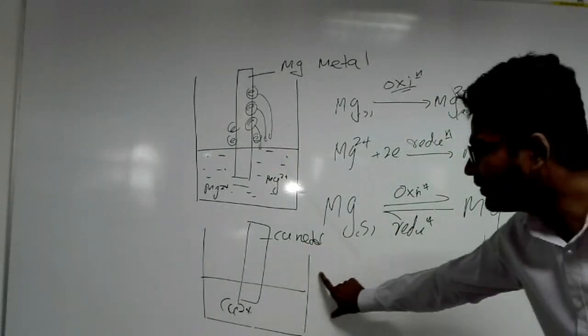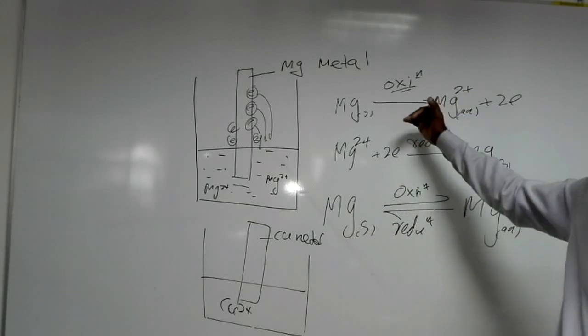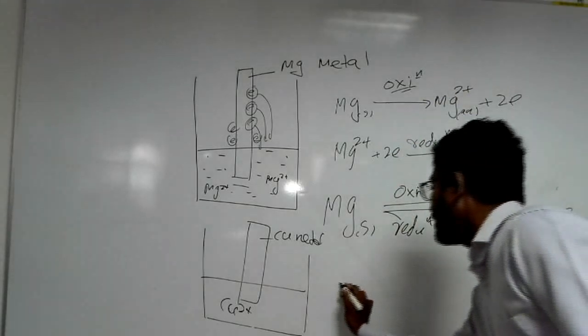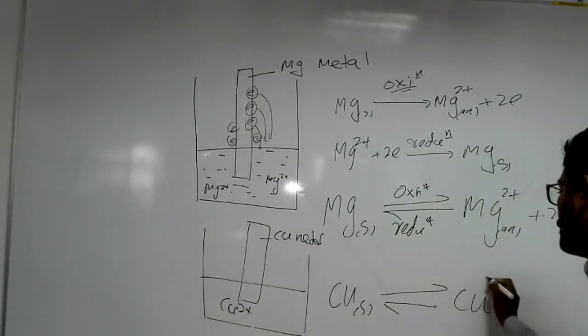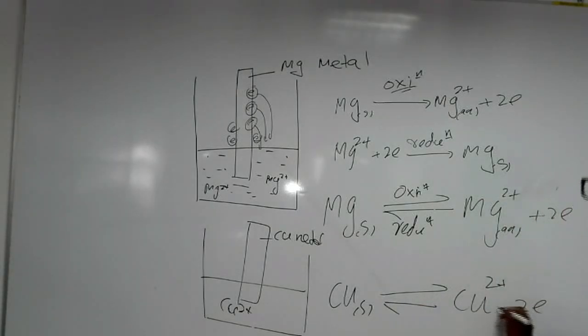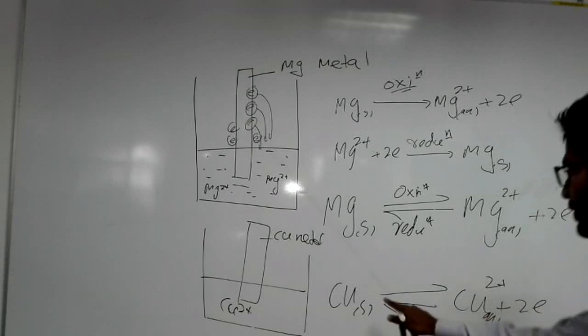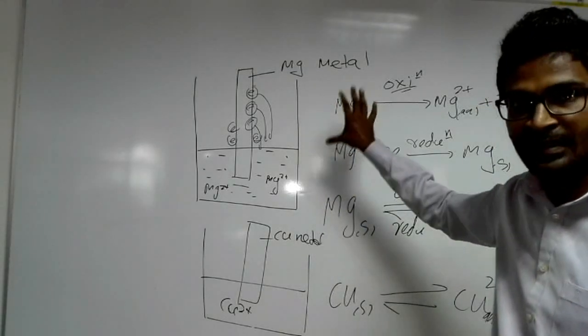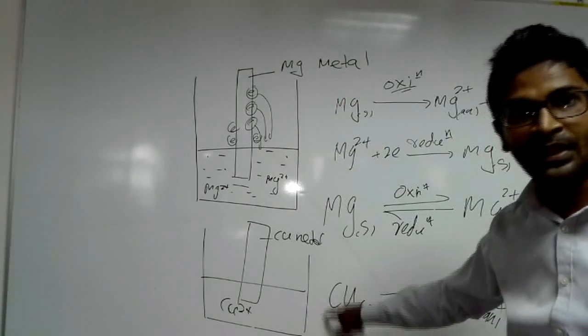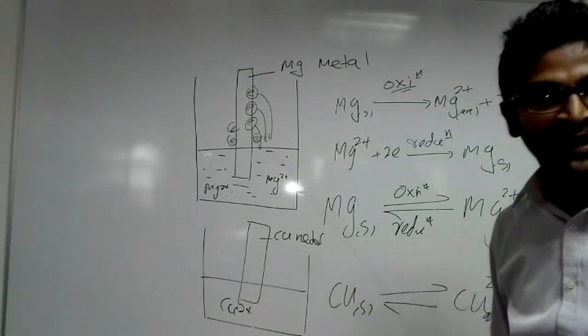The same type of reaction occurs: copper solid converts into copper 2 plus plus 2 electrons. Copper also acts as this type of system. We call the first system a magnesium ion electrode, and this system a copper ion electrode.